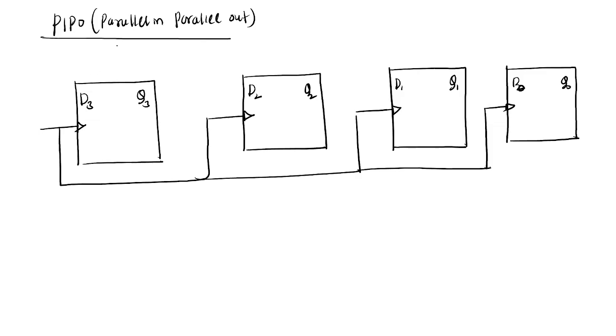Here I am using one 2 cross 1 mux for each and every D flip flop.